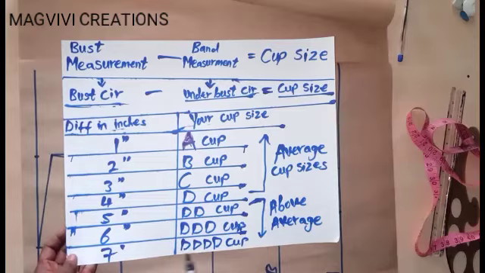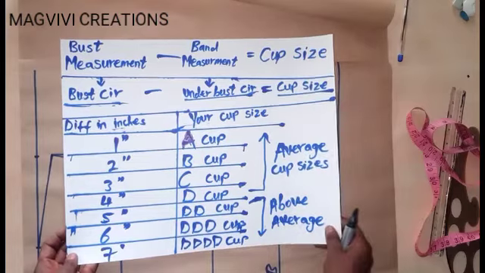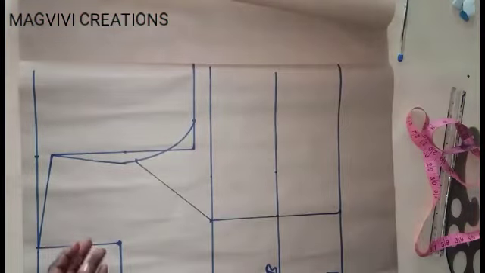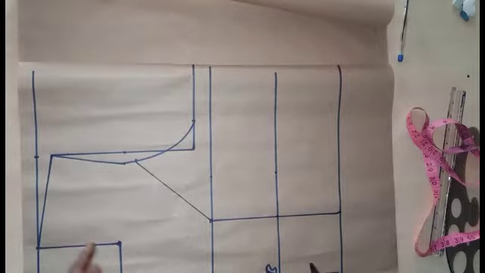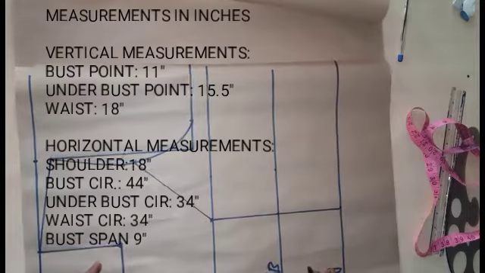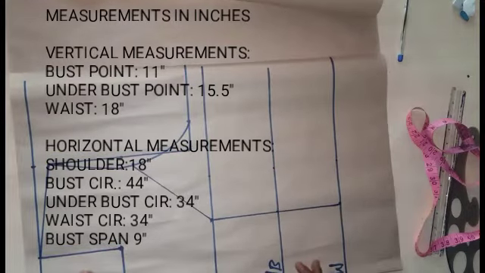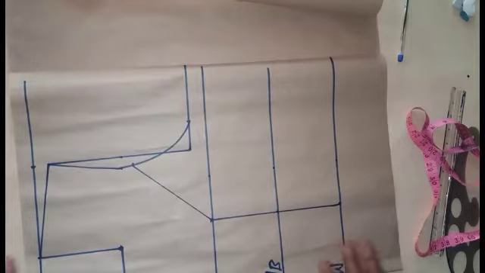So you can see 7D. So 10 inches is her own difference, because the bust circumference is 44 and the under bust circumference is 34. Okay, so just like you can see on the screen, it is well above average.